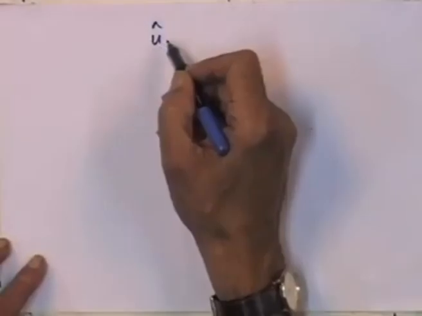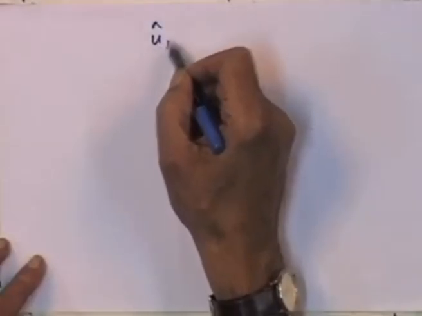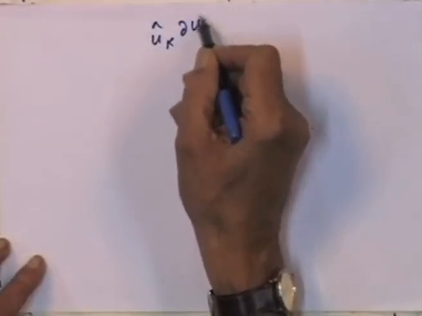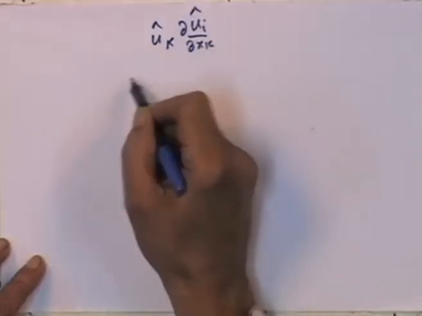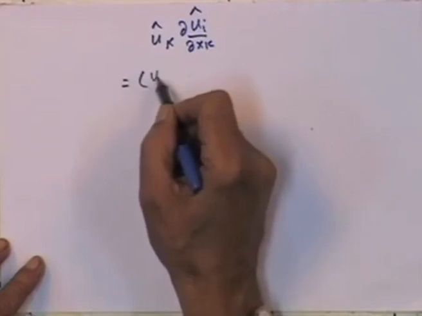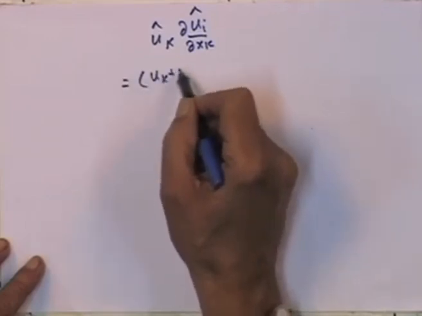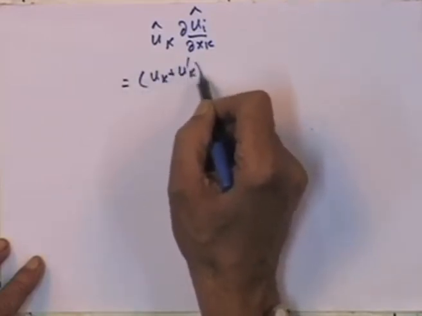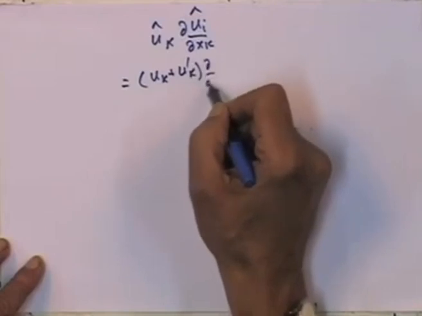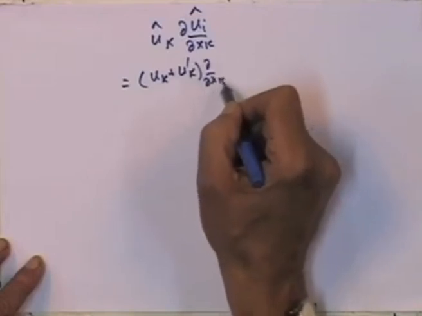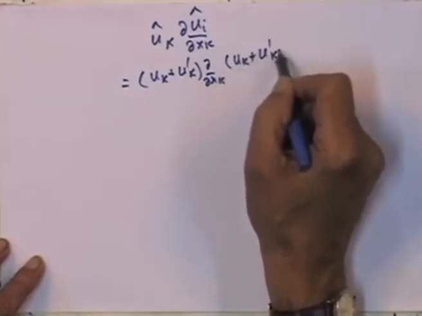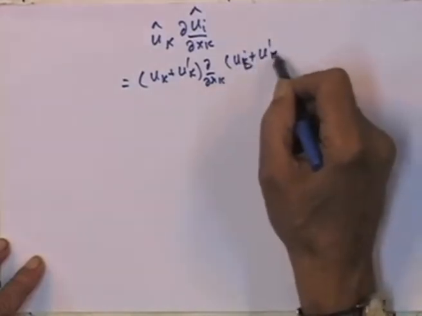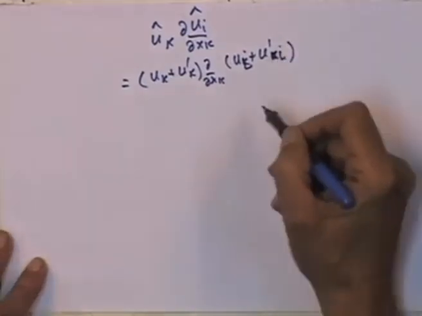So, u_k du_i/dx_k is written as (U_k plus u'_k) d/dx_k of (U_i plus u'_i).